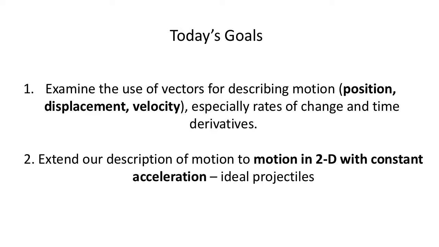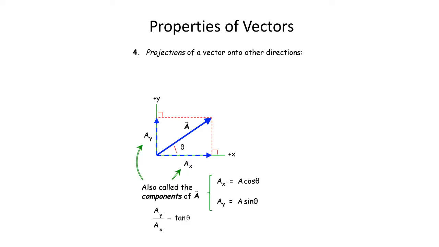Good. The slope is what defines the instantaneous velocity. We're going to do this with vectors, and we'll see the same rule is true. And we're going to extend our description of motion to two-dimensional motion so that we can think about systems with constant acceleration, like gravity.